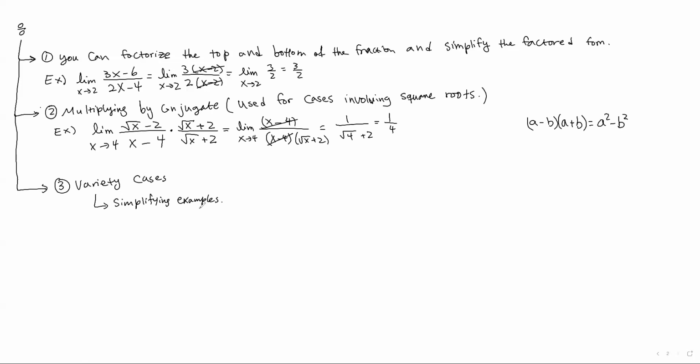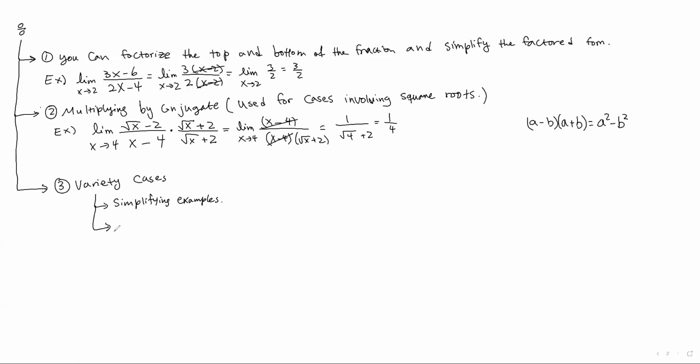We're going to spend some more time discussing examples in a video that I'm going to upload next week. But in simplifying examples, you're going to get complicated algebraic expressions up top and at the bottom. And when you simplify those expressions, that gets rid of the 0 over 0.